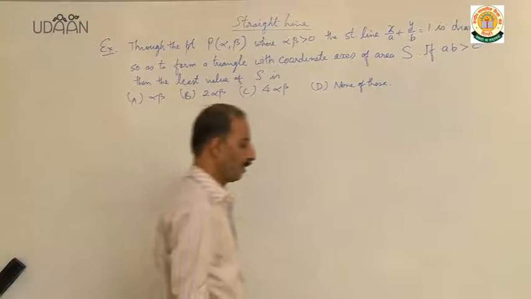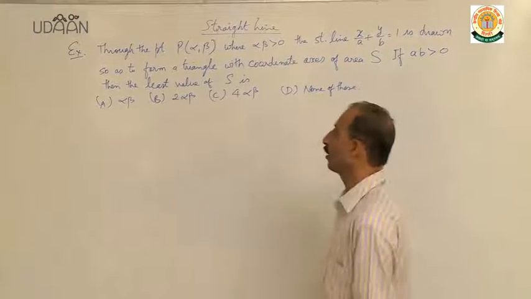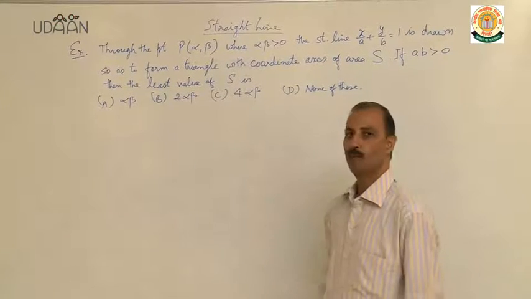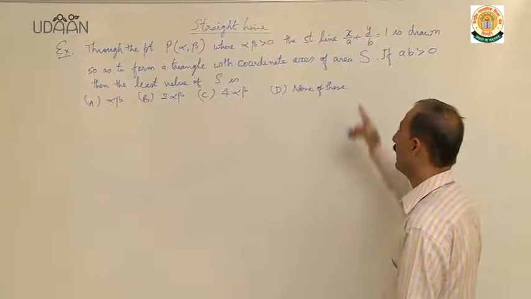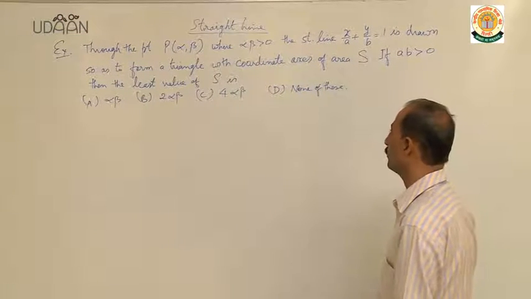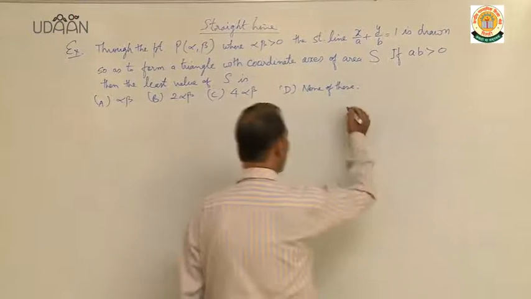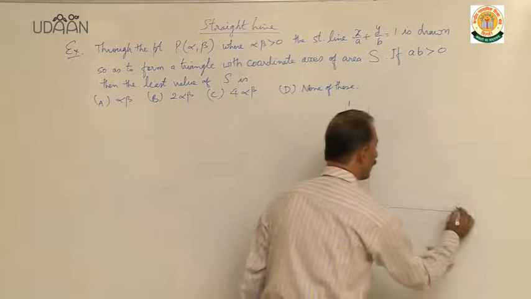Okay. Now the question is, a point alpha beta lies on the line x upon a plus y upon b is equal to 1. So I am drawing a rough diagram.